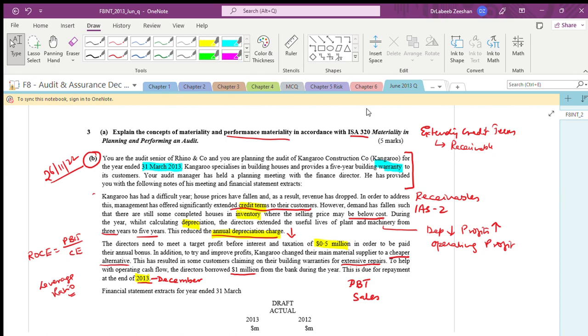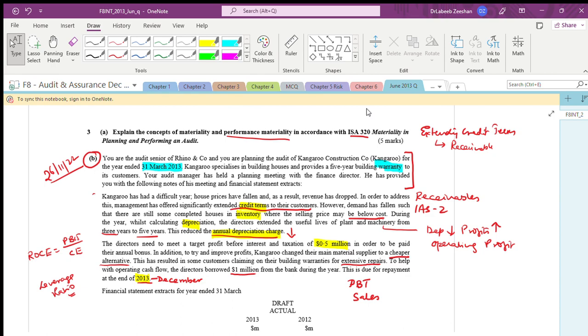What is the audit response? The audit response is whether this has been recognized and approved. If it has not been approved, you have to discuss with the management on what basis they selected a cheaper material.